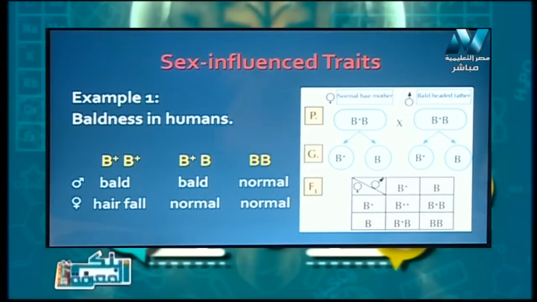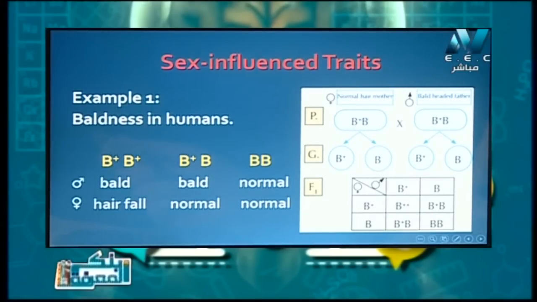And in this example, as you see, the parents: the female, for baldness in humans, we use the letter B for baldness, and if the gene is present in the dominant case, we put a plus or star or any sign, and we have a hybrid female with B positive and B, and the male the same genotype.